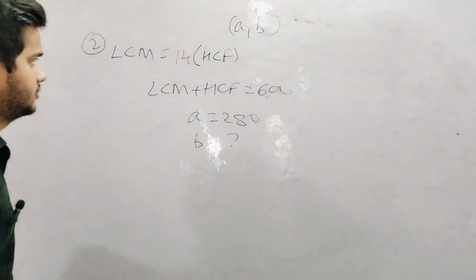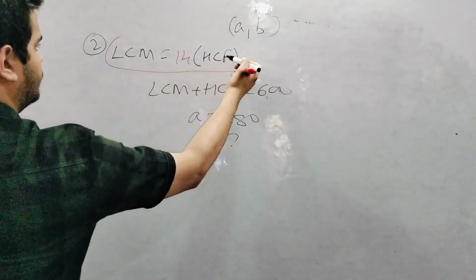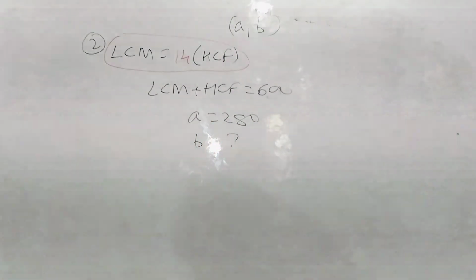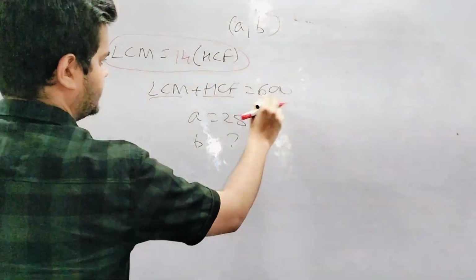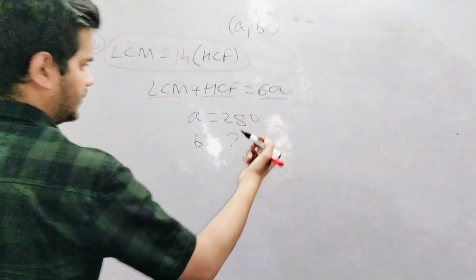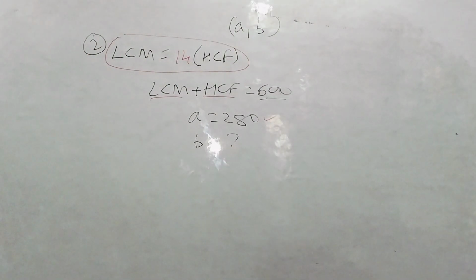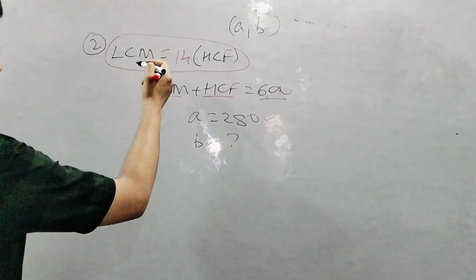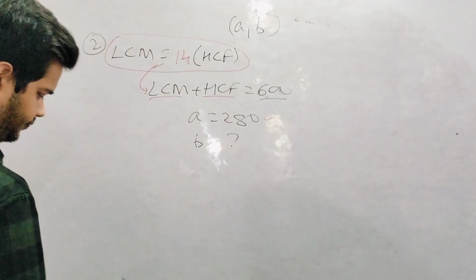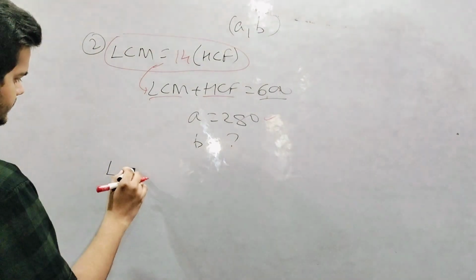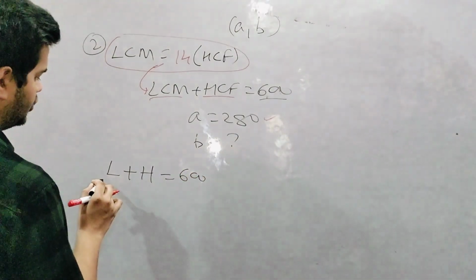तो उस केस में दिया हुआ है कि जो हमारा LCM है वो HCF के 14 टाइम्स है, और जो LCM और HCF का सम है वो 600 है, और the first number is 280, तो फिर सेकंड नंबर कितना होगा? ऑलराइट, तो हम इसमें क्या कर सकते हैं, हम इसकी वैल्यू इसमें पुट कर देंगे। Equation is LCM plus HCF is equal to 600, but what is LCM?